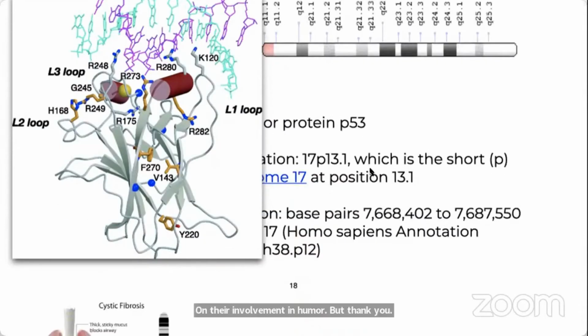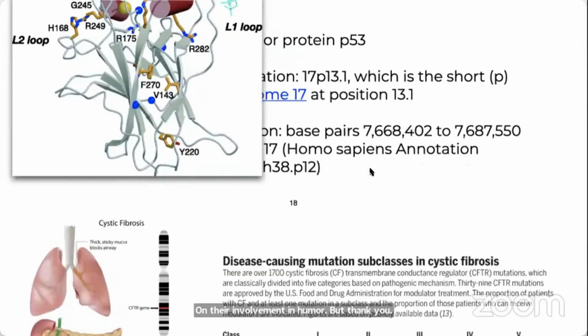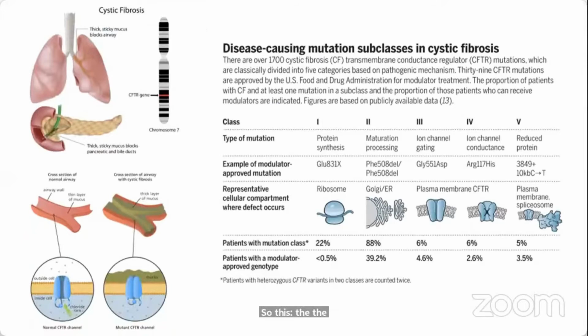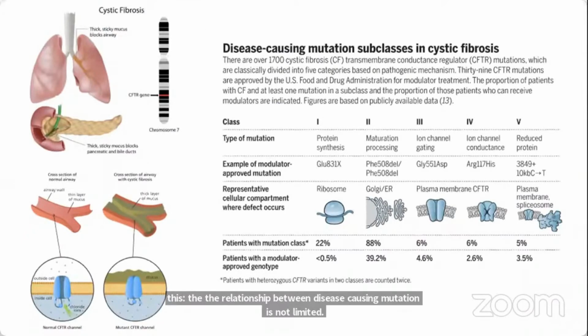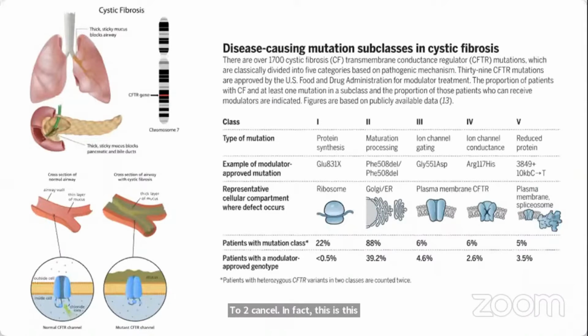So the relationship between disease-causing mutations is not limited to cancer. In fact, this relationship and prevention has been worked upon a lot in other diseases compared to cancer.